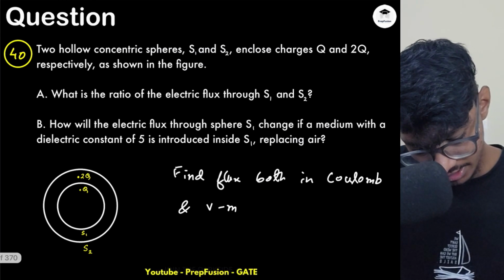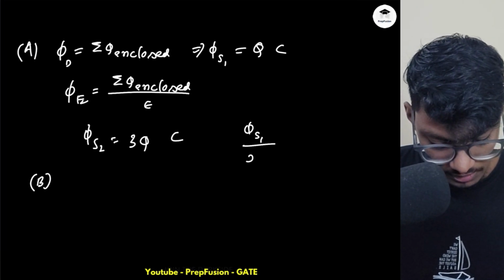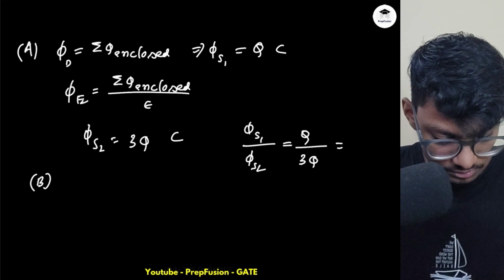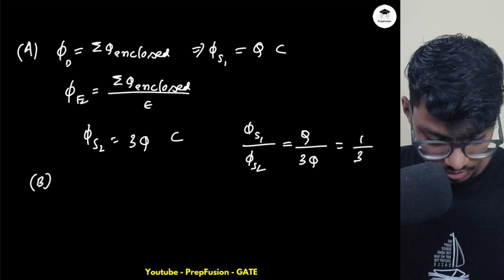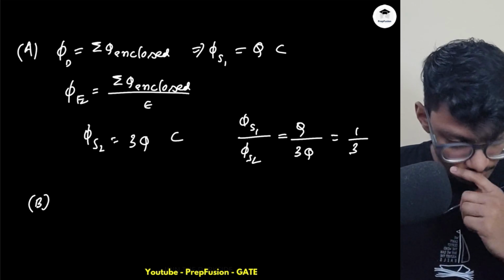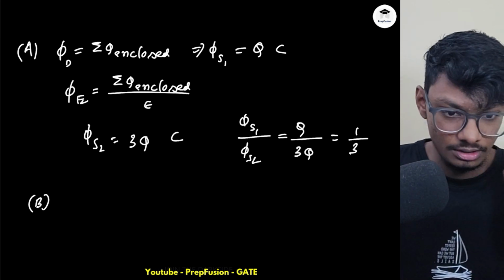They asked the ratio between S1 and S2, so it is Q upon 3Q, which is 1/3.